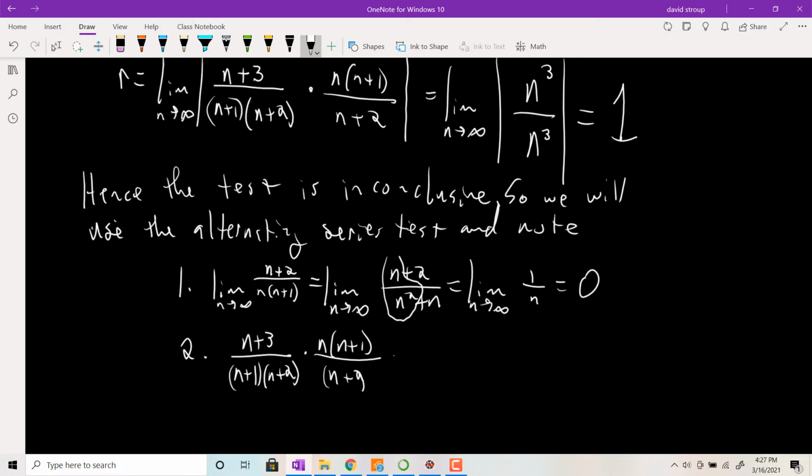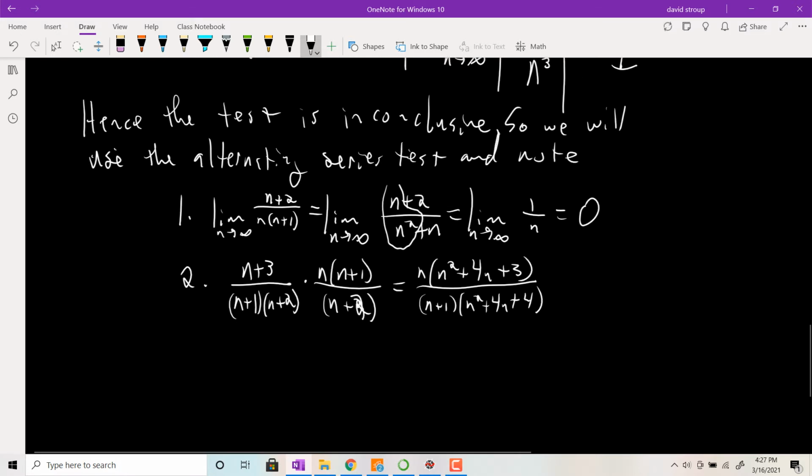But this thing then is equal to n times n squared plus 4n plus 3 all over n plus 1 times n squared plus 4n plus 4.